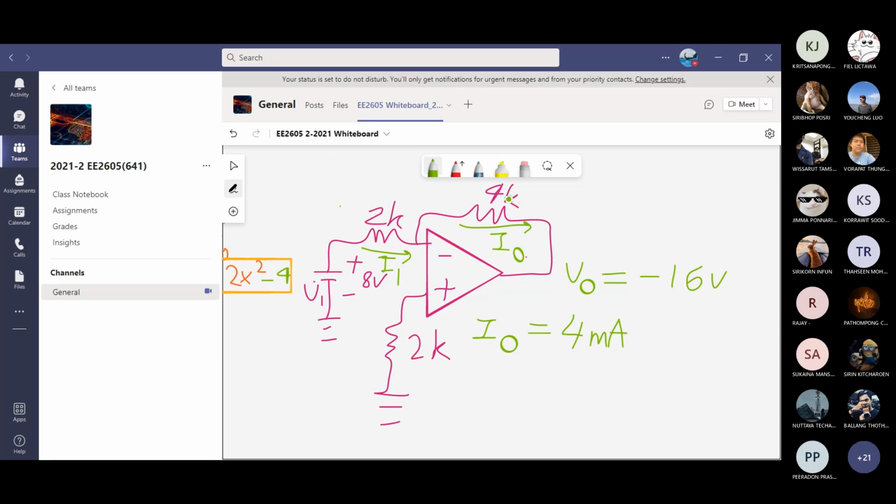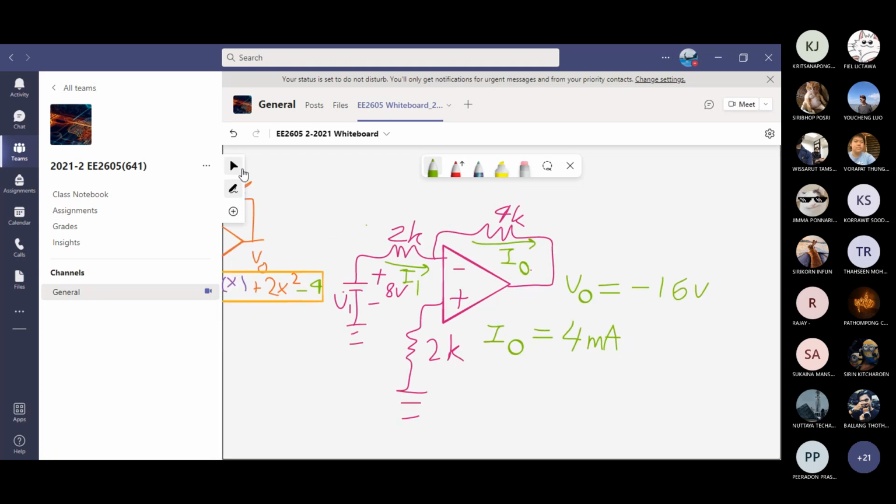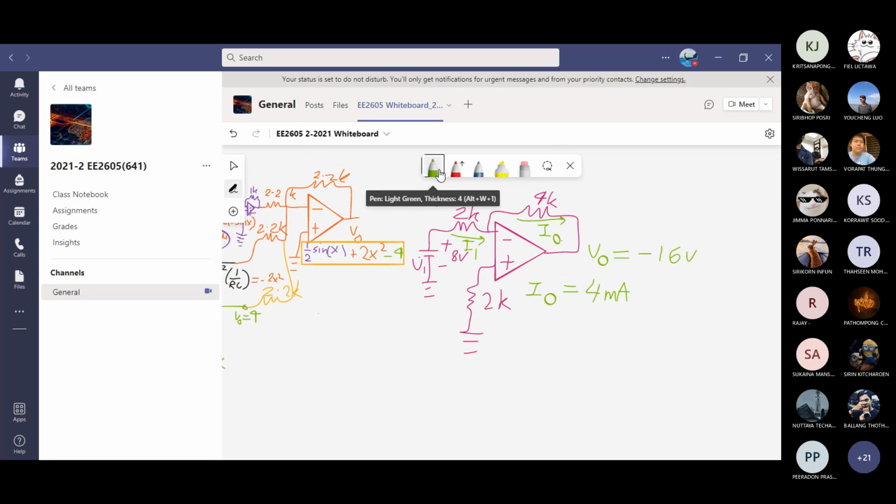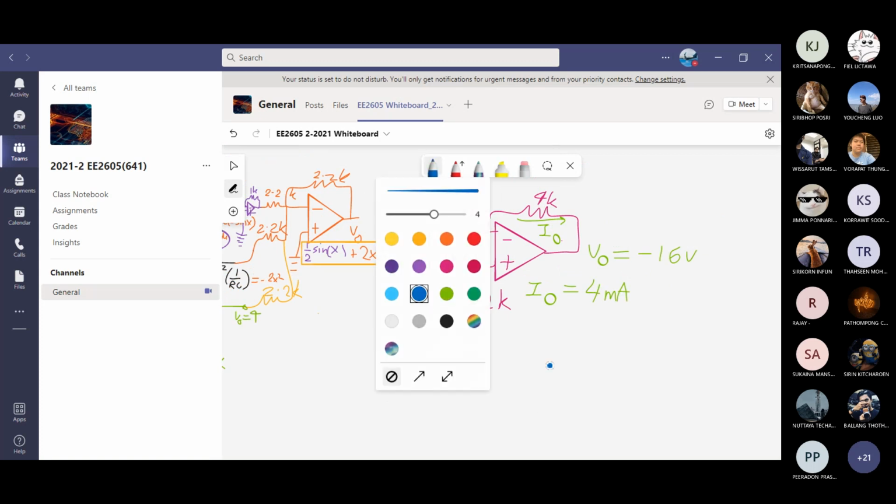So the ratio of feedback and input resistor is 2. 2 times 8 is 16, and because you're inverting, you get minus 16. So it depends. You are trying to solve the voltage or current. That's how you look at source. Let me draw you another figure. A new one.